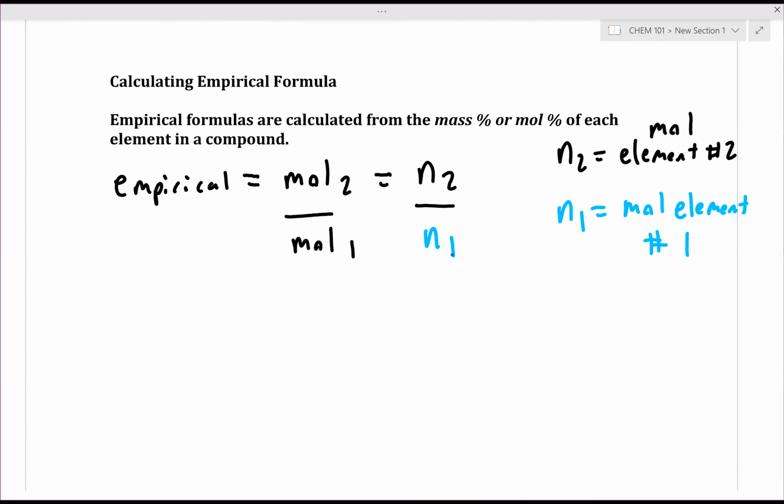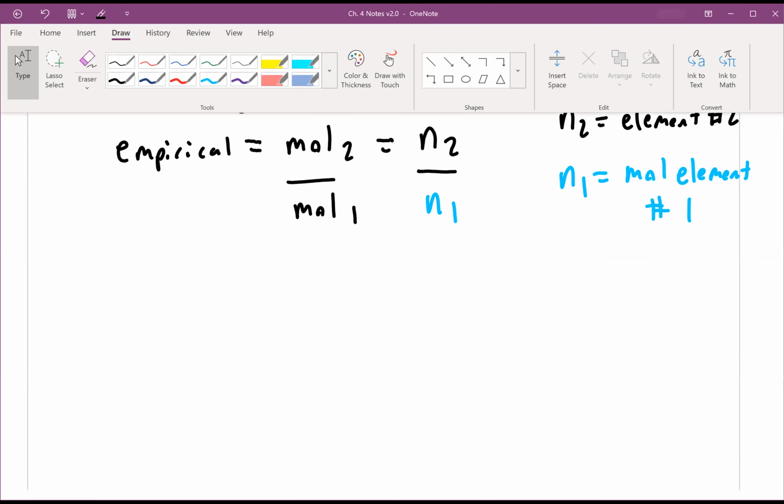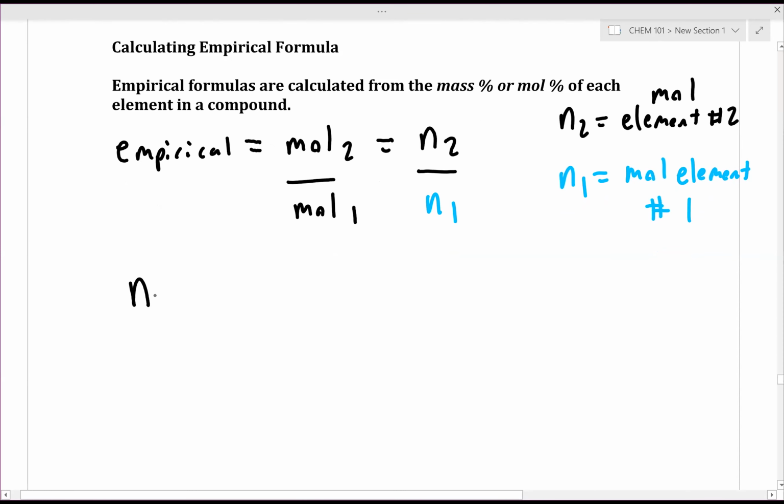Okay, so now that we have our color-coded scheme, let's think about where we can write out this mole ratio. How can we get this mole ratio? One assumption that I'm going to show you right now is that the moles of element 2 over the total moles times 100% is equal to the mole percent of element 2, right?